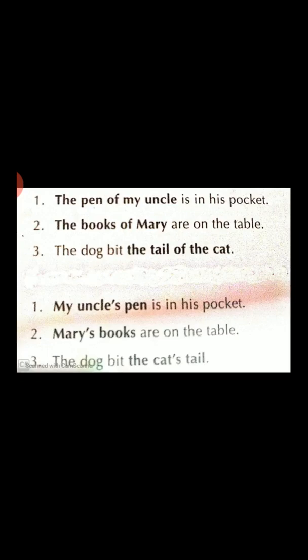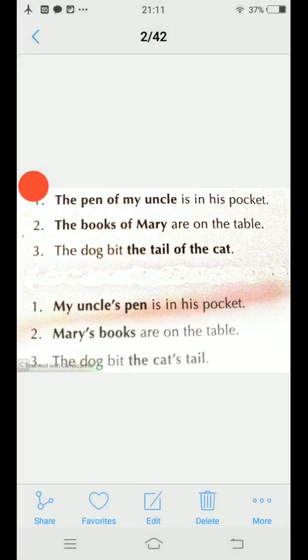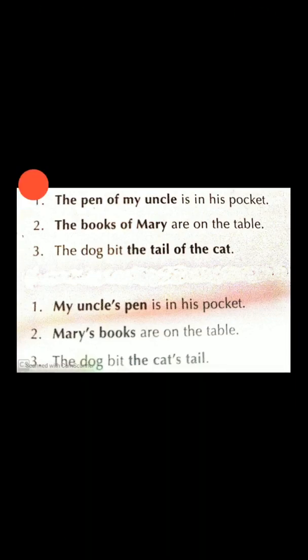The first sentence is telling us that uncle has a pen. A pen is possessed by the uncle and it is in his pocket. The second sentence tells us that the books belong to Mary. And third one tells us that the tail belongs to the cat. The tail is possessed by the cat.